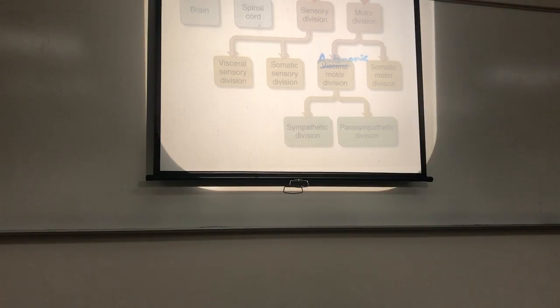You might remember back, this is kind of nice because we're tying stuff in now, the stuff we did way back at the beginning, refreshing everybody's memory about it. You might remember way back when we were talking about the tissues, that nervous tissue is made of two kinds of cells.